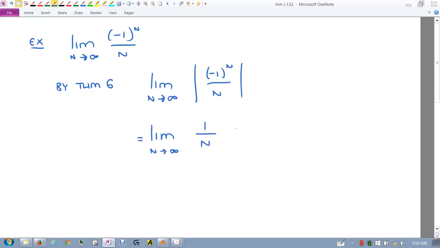That's going to 0. So since the absolute value of the sequence went to 0, what does that tell us? Therefore, -1 to the n over n goes to 0, right?